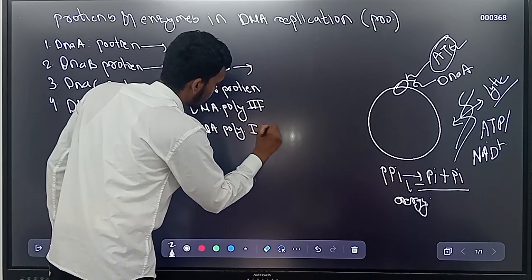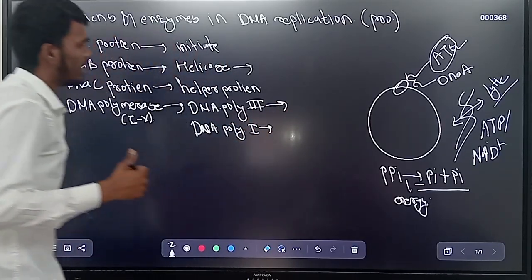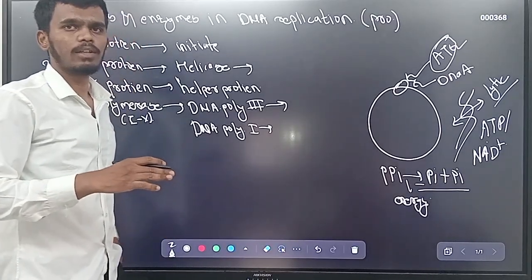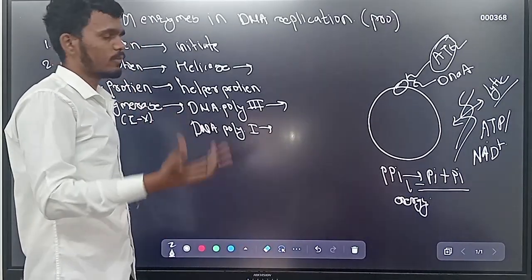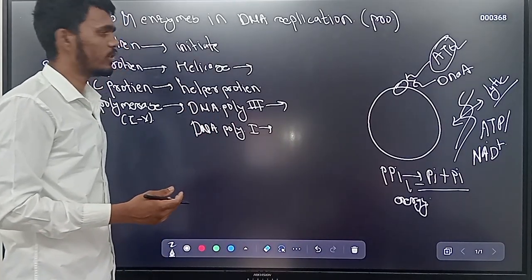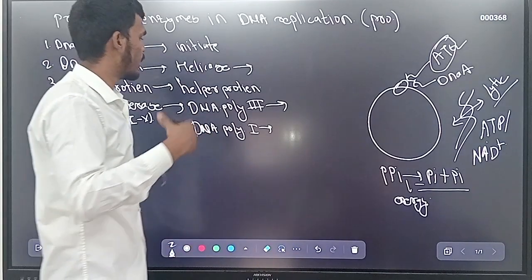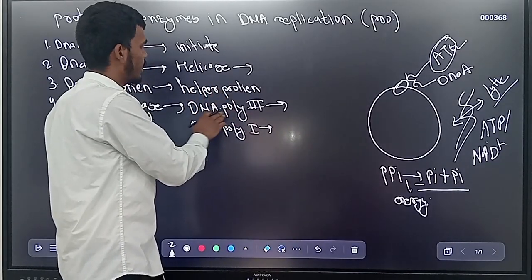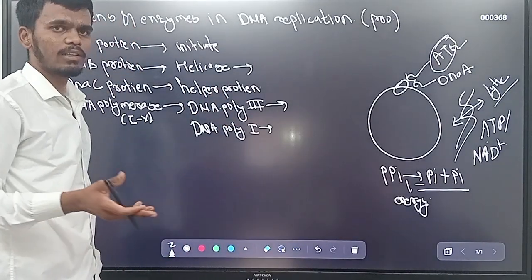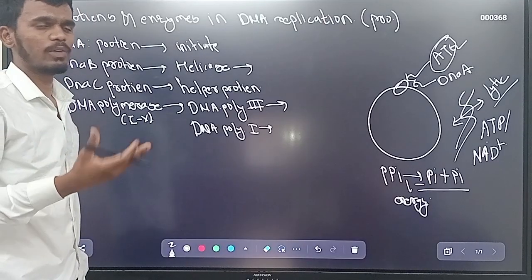What role does it play? It helps in the binding of DnaB, having a helicase nature, at the origin of replication. It is a helper protein for DnaB.